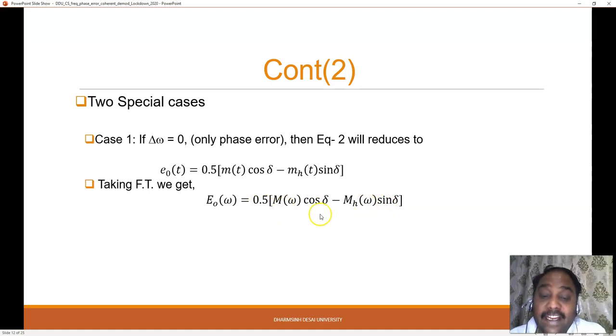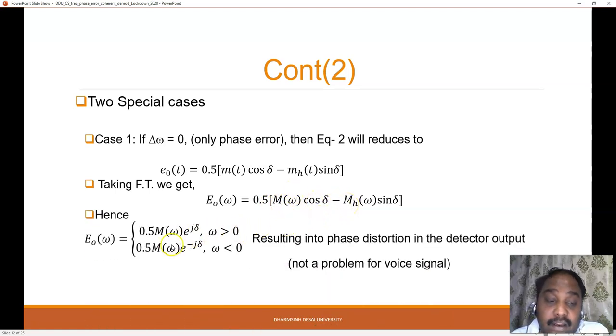So m of omega I can take common. In one case, omega greater than 0, it will be cos delta plus j sin delta, and for omega less than 0, it will be 0.5 m of omega into cos delta minus j sin delta. So that will give me something like this. Okay, fine. So cos delta plus or minus j sin delta, I can take as e raised to j delta and e raised to minus j delta.